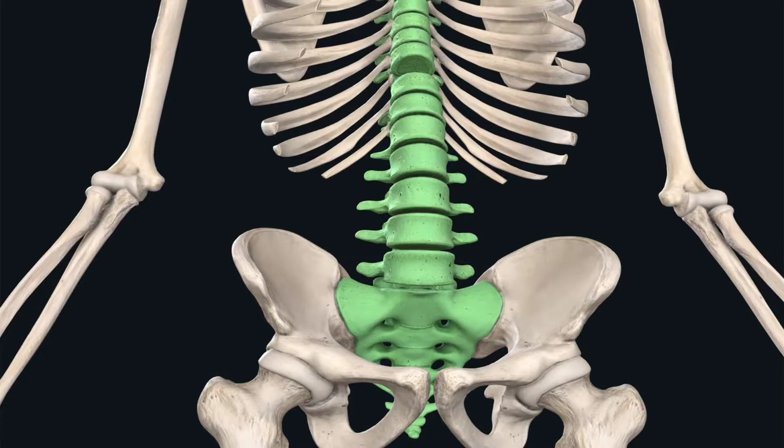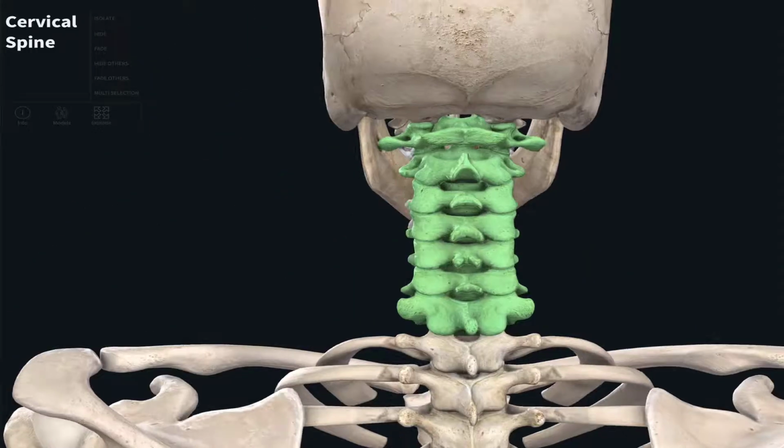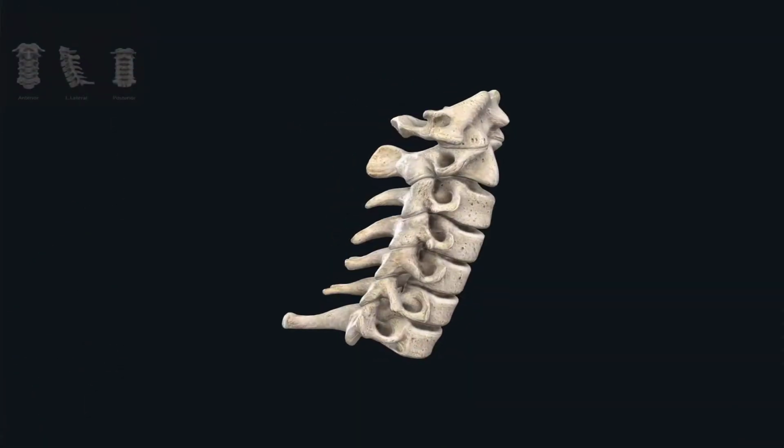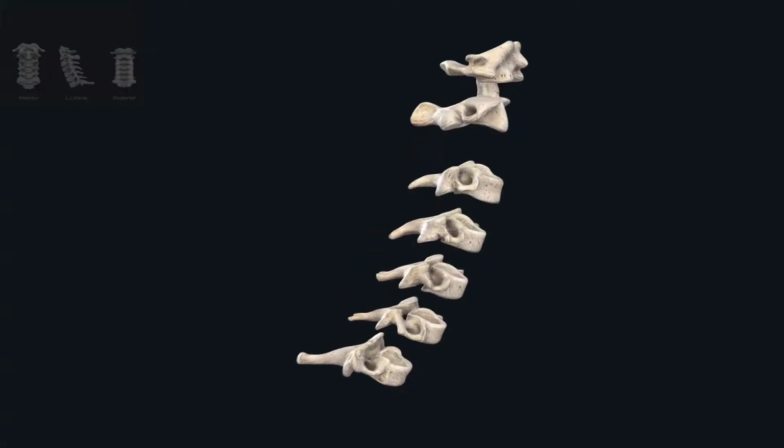The cervical spine, on closer inspection, is comprised of 7 vertebrae, labelled from the cranial or head end as C1 through to C7. 3 of these vertebrae are referred to as atypical.